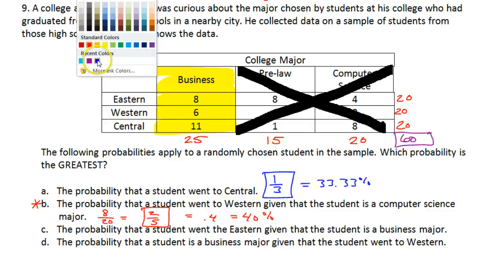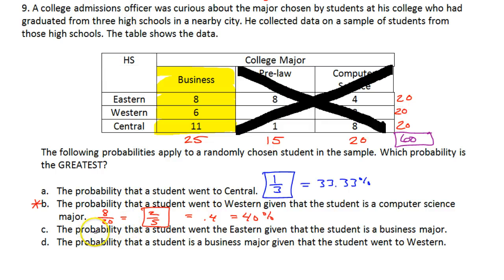I'm going to switch back to blue. Now, what are we looking for? The probability that a student went to Eastern. Eastern is this number right here, 8. 8 out of a total of 25 in this smaller universe.